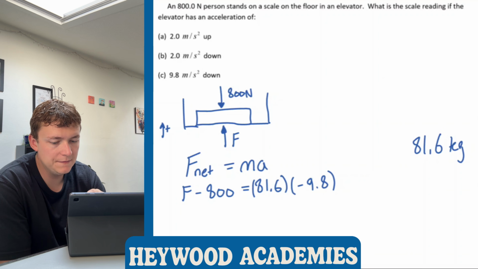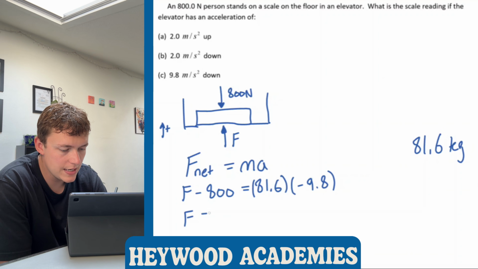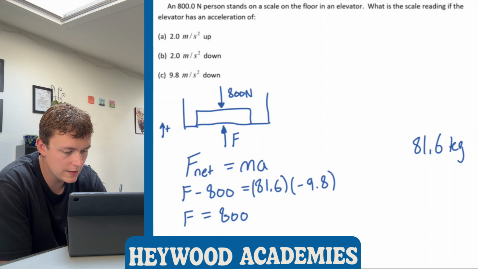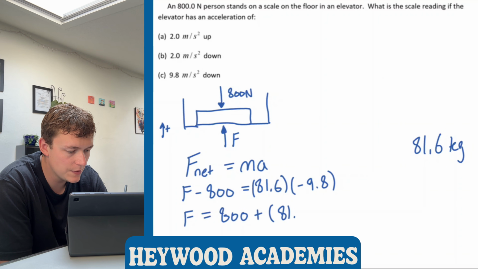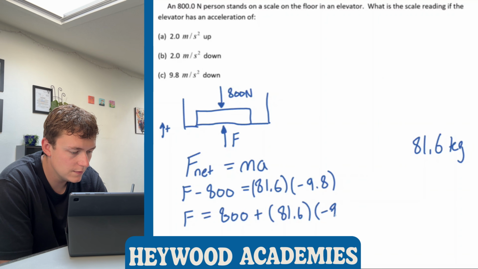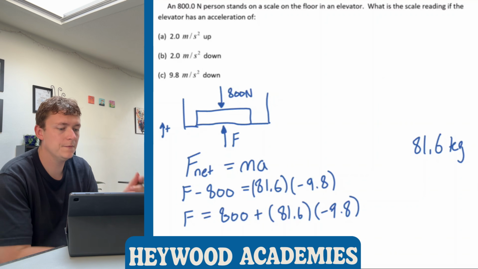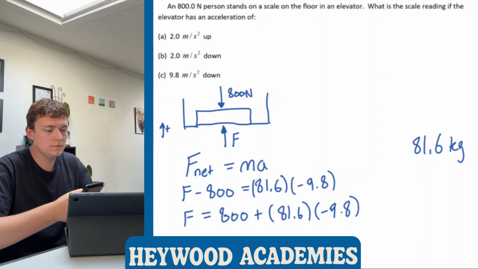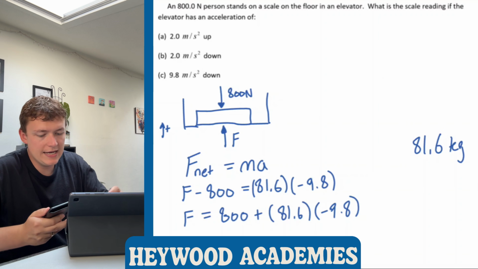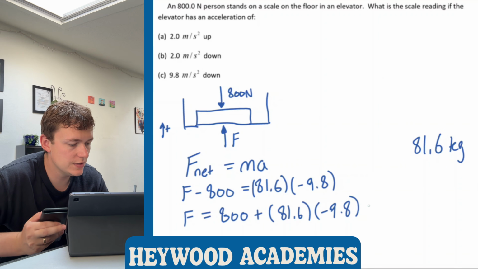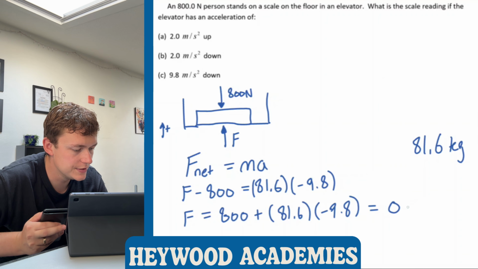So if we plug that in, 800 plus 81.6 times negative 9.8, we get pretty much 0. So we're going to just round this to 0.